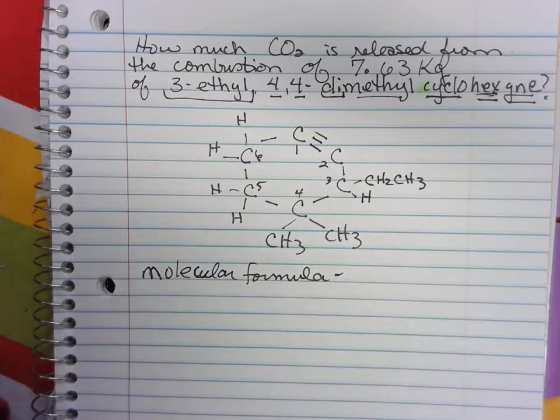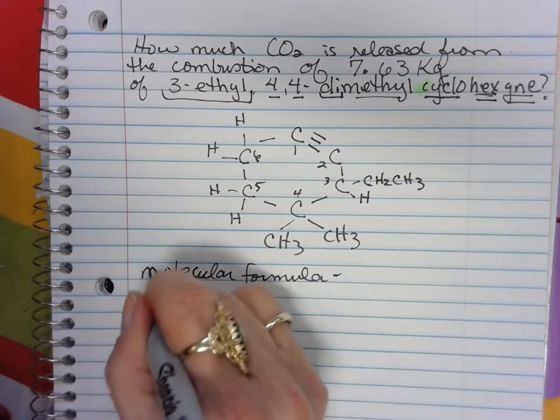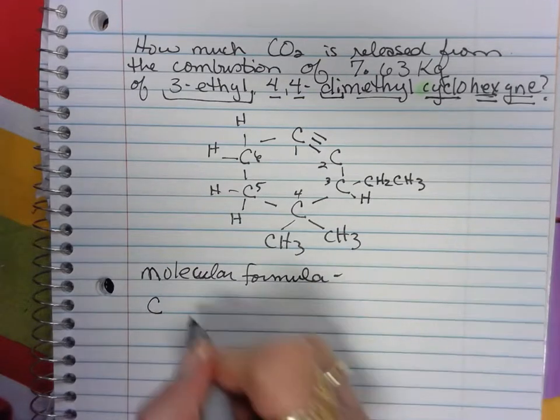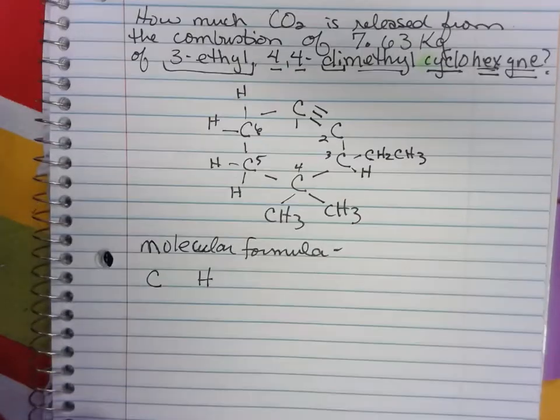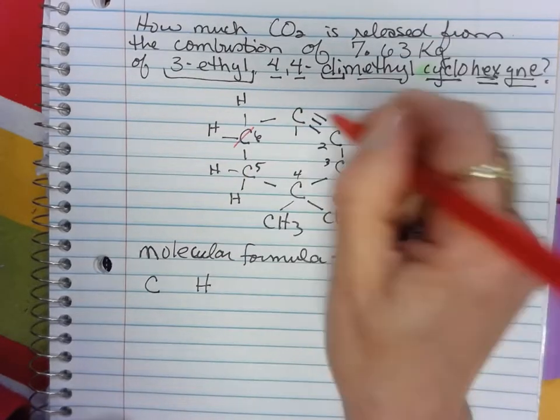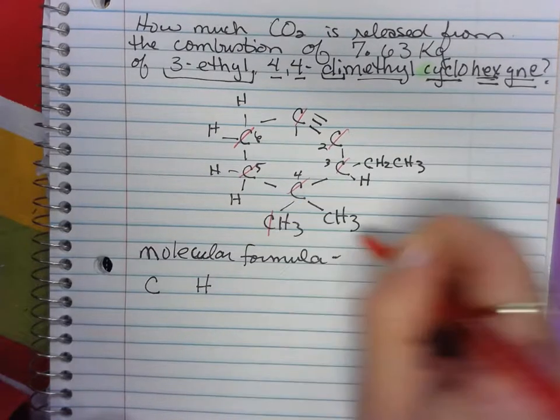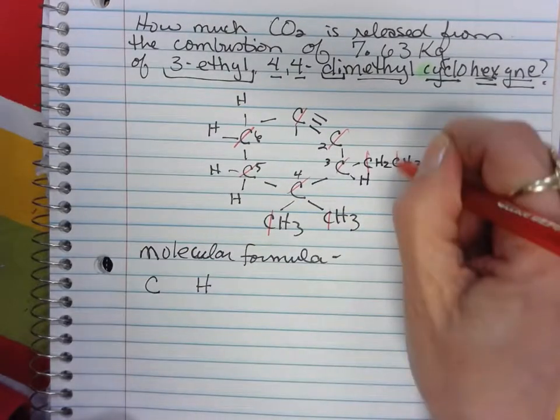Okay, so I'm going to use another color here to help me out. So I know that my molecular formula is going to have carbons and hydrogens. So I've got these 6 carbons, 1, 2, 3, 4, 5, 6. I have 7, 8, 9, 10 carbons.